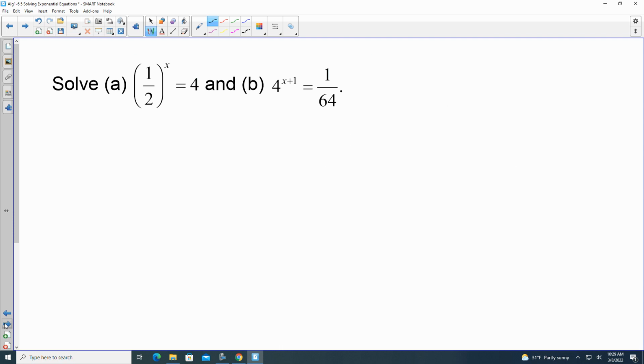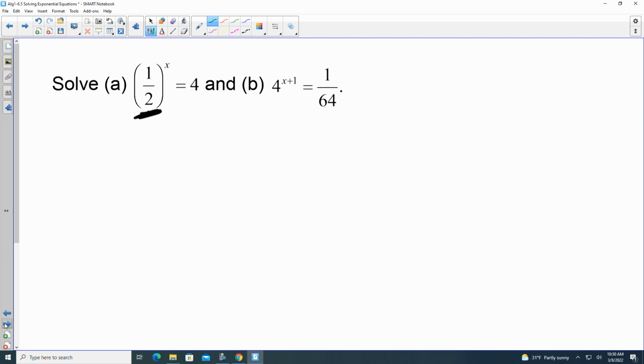Looking at this one, I have 1/2 and I have 4. So what I want to try to do is, first off, make this one not a fraction.